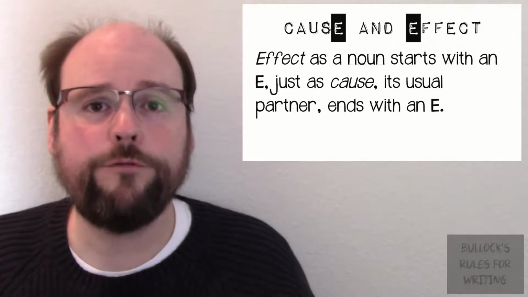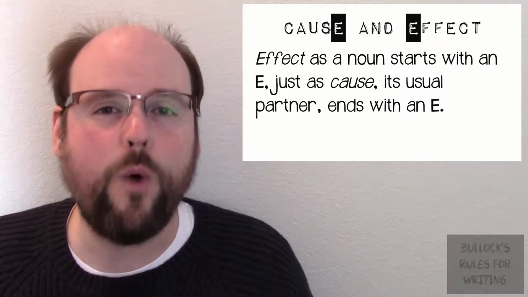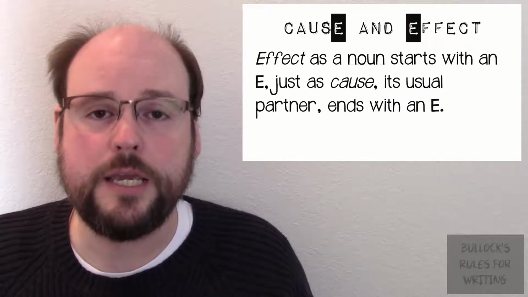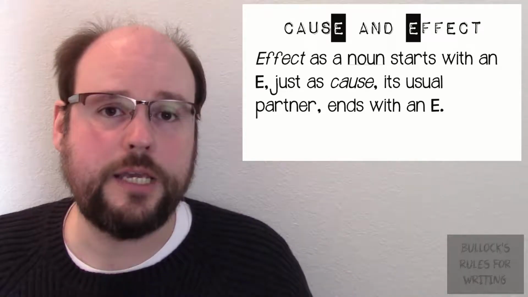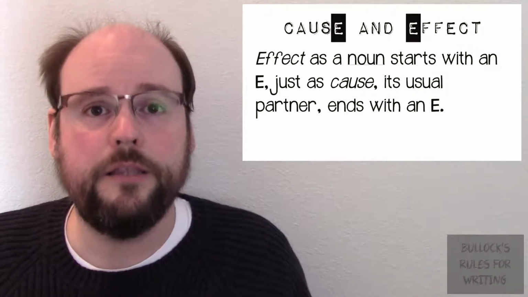Put that whole phrase into your sentence. If the sentence still makes sense, then you want the E, because cause ends with E, and effect begins with E. And if it doesn't make any sense, then you are probably trying to use it as a verb and you want the A.